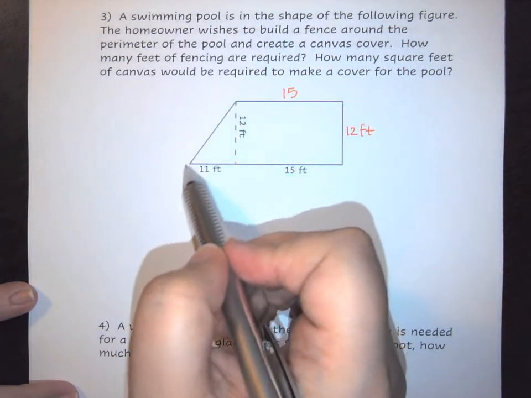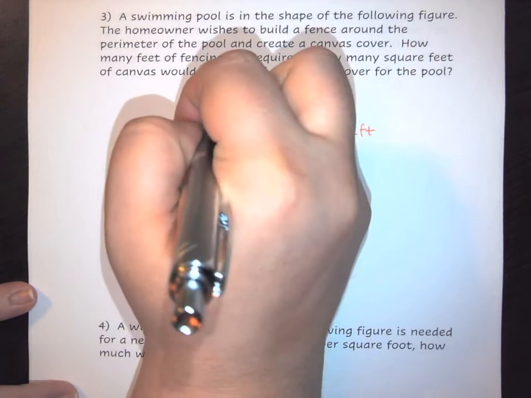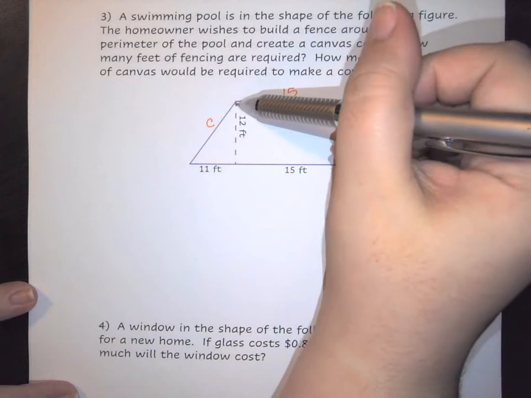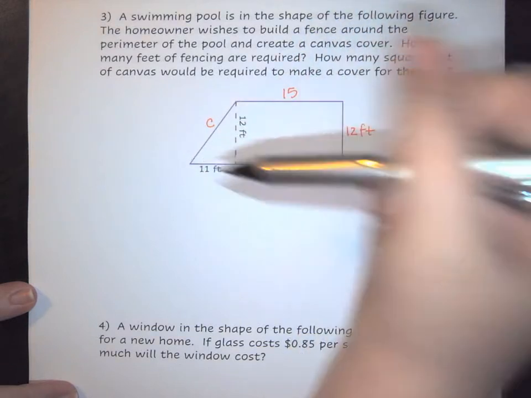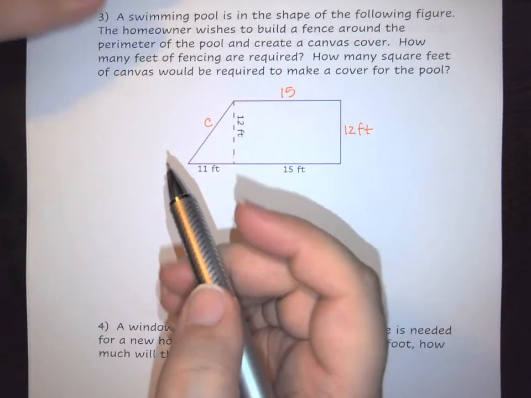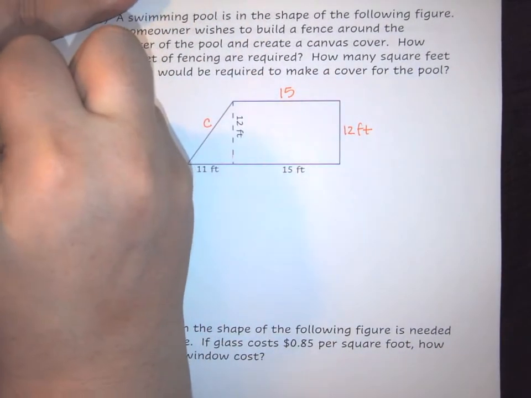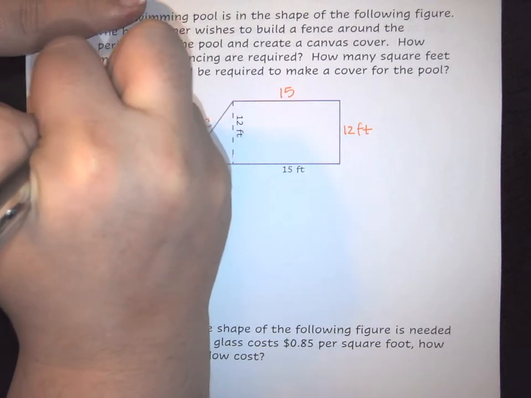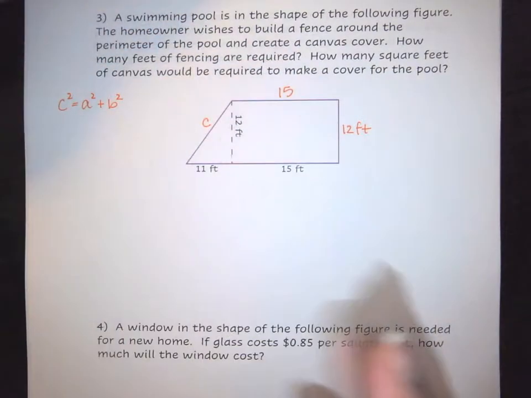Now with the triangle, we've got this hypotenuse piece, and this piece we're not sure about, but I do know that this is going to be a right triangle, which means to find this hypotenuse I can use Pythagorean's theorem. So here c squared is equal to a squared plus b squared.